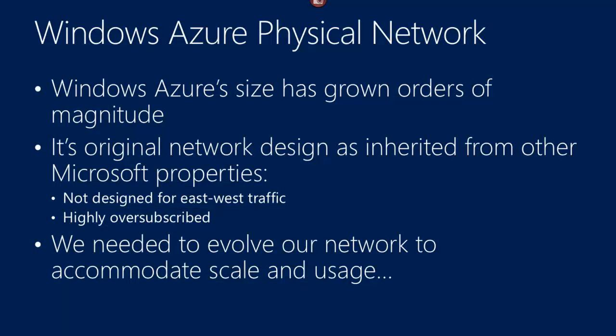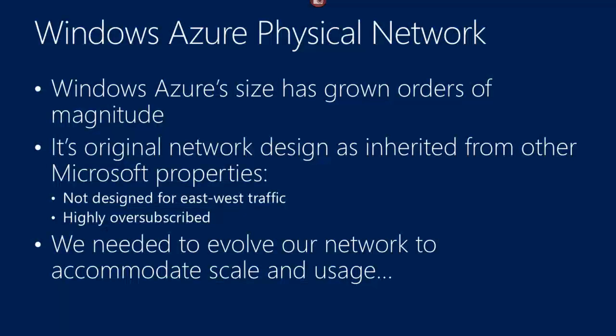Let's talk about the physical network now. I'm going to start with a historical walkthrough of the way that we've developed our physical networking infrastructure, because there's some artifacts that are visible in the software infrastructure that are based on the original constraints of the physical infrastructure. We've grown literally orders of magnitude since Azure started, and we've had to adapt the network to the ever-increasing scale. One of the problems with the original data centers that we had, they weren't designed for east-west traffic.